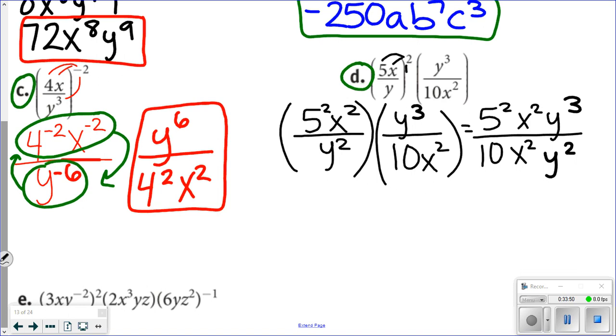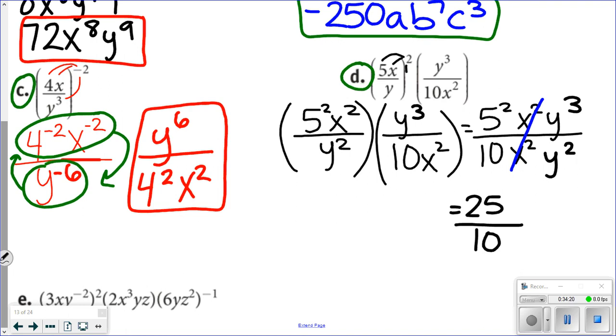So if I look at this, these cancel, right? Because 2 minus 2 is 0, and anything to the 0 power is 1. What is 5 squared? 5 squared is 25, so I'm going to write that out. 25 over 10.